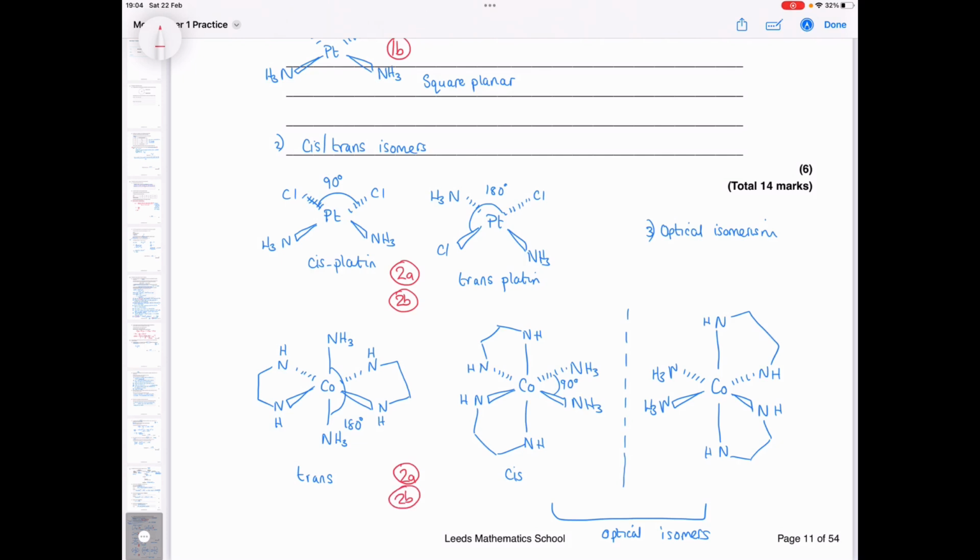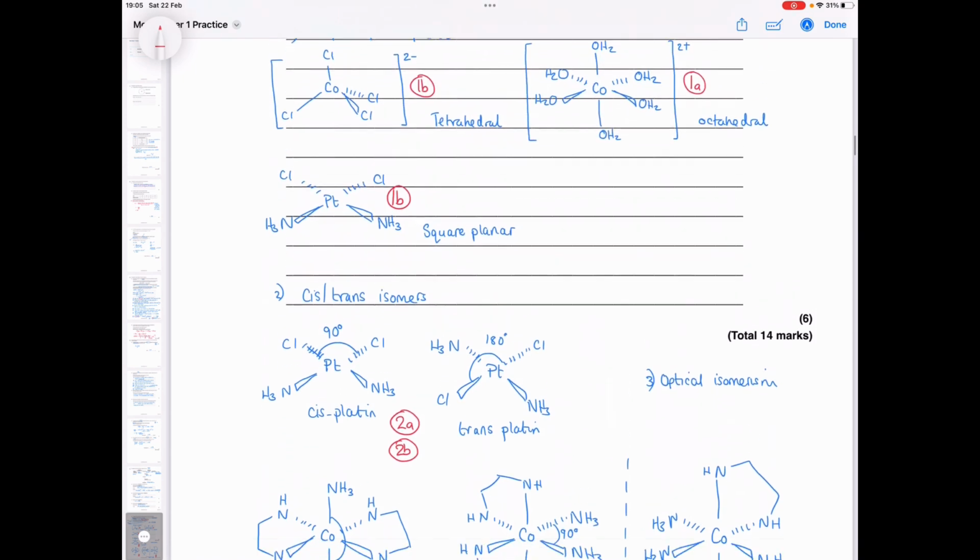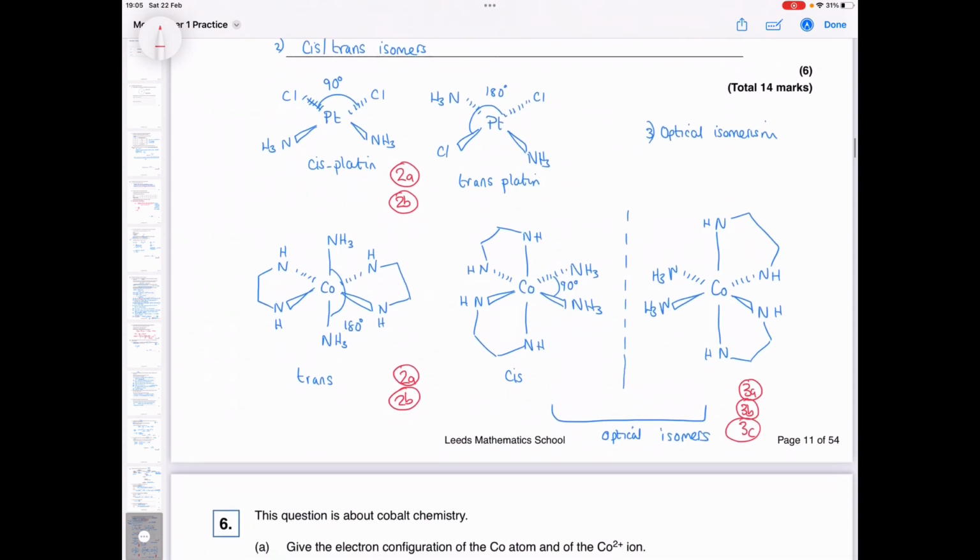And then finally, stage 3, optical isomerism, we've got in octahedral complexes, so that's 3A, we've drawn octahedral, occurs with specific bidentate ligands, so we've got the one with ethane 1,2 diamine, so that gives us 3B, and draw both optical isomers, which is 3C. So we've got all of them, and that's going to be giving us all 6 marks.